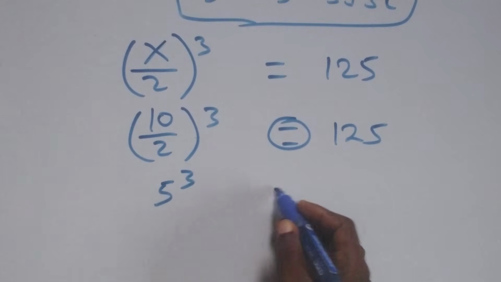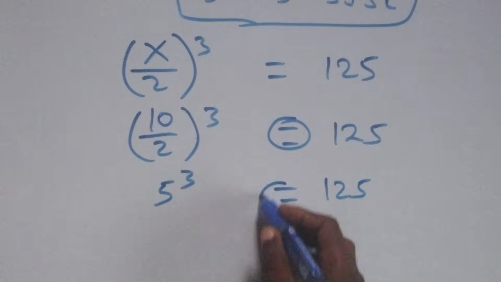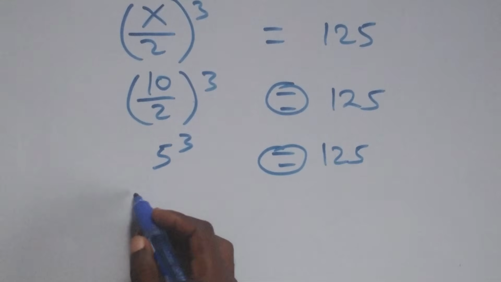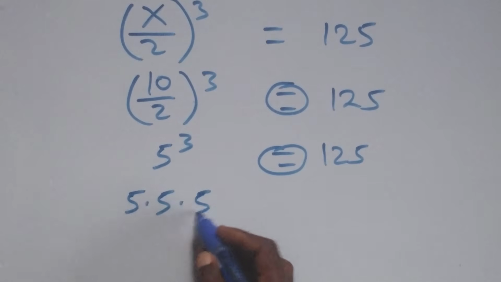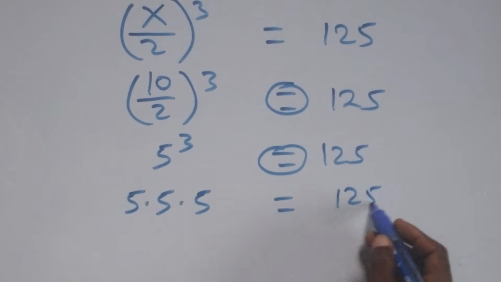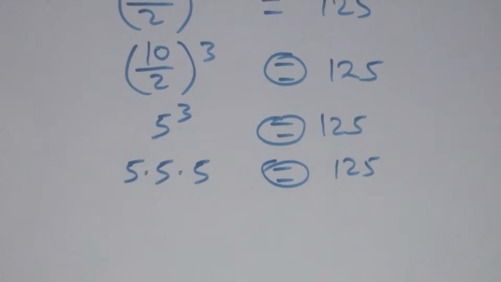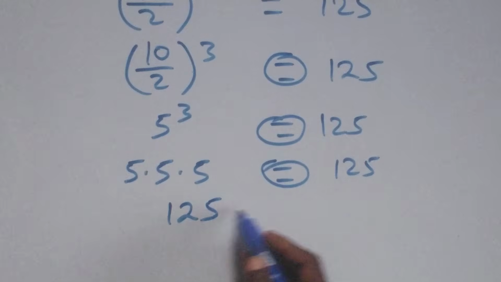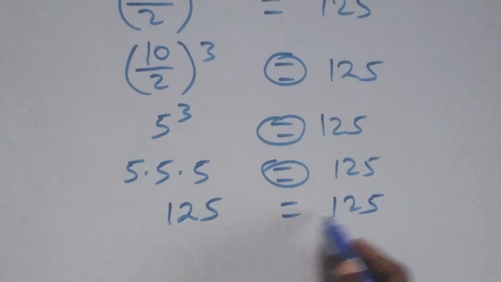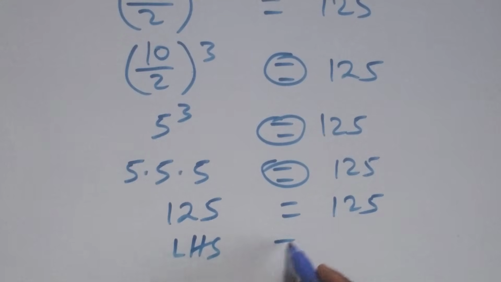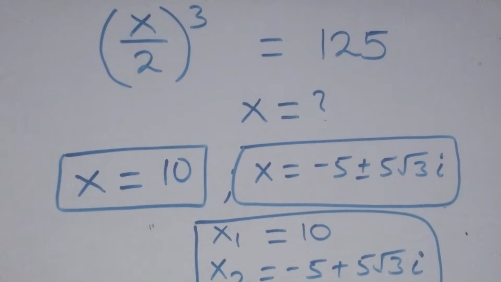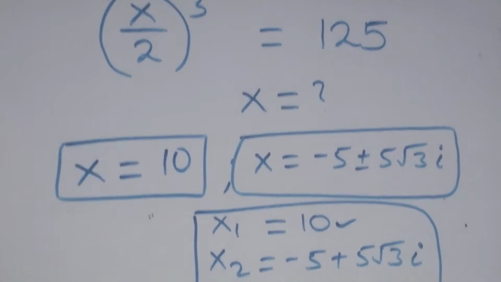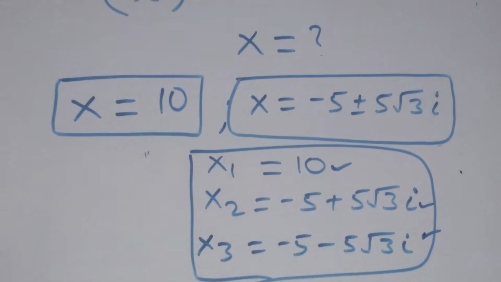That's 5 raised to power 3, is it equal to 125? 5 raised to power 3 is 5 times 5 times 5. Now 5 times 5, 25. 25 times 5, that's 125 equals 125. Left hand side equals the right hand side. Therefore, x equals 10 satisfies this given problem. And when we check these two complex solutions, they also satisfy it.